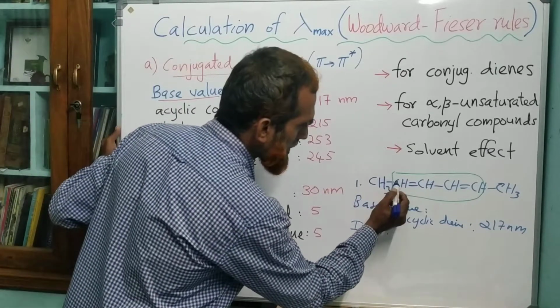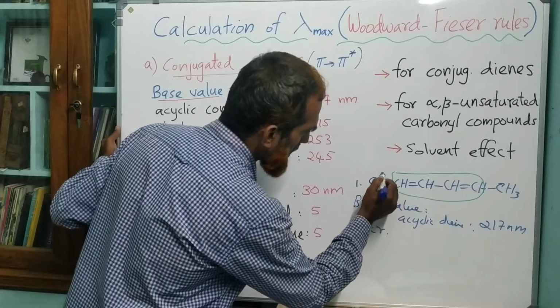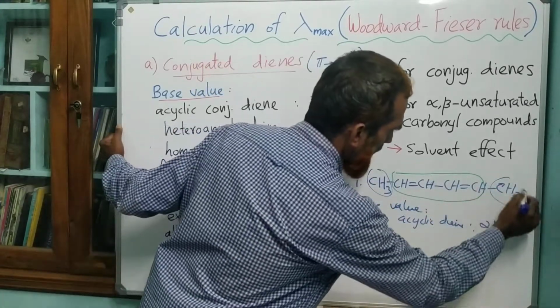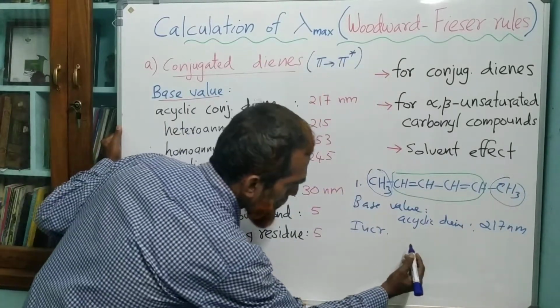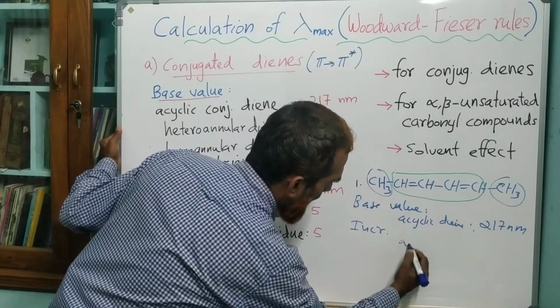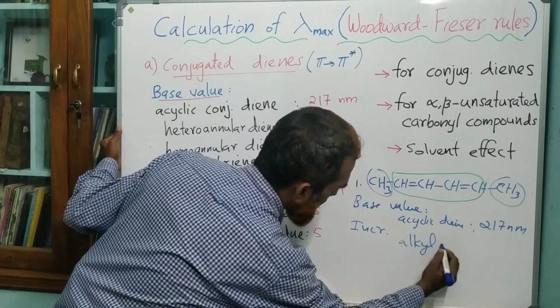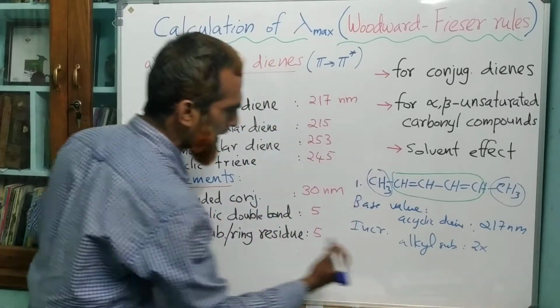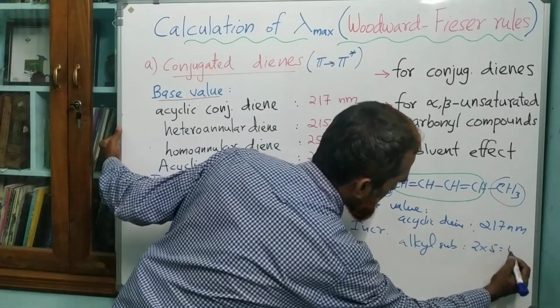Here you can see on this carbon there is a methyl group. So this is one alkyl group and this is another alkyl group in the system. So there are 2 alkyl substituents on this system. So for alkyl substituent, we have 2 into 5 nanometer for each one. So it is 10.